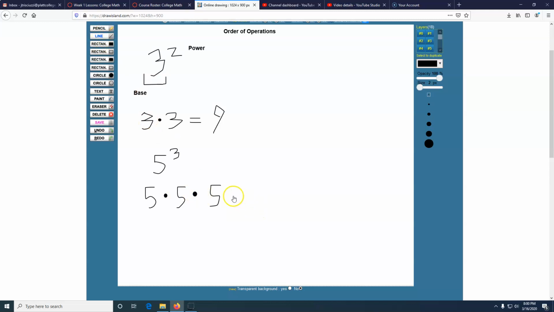So for the most part, you're going to see it limited to smaller powers and smaller numbers. But in this case, 5 times 5 is 25, times one more 5 gives us 125. So keep that in mind. Exponents are a way to do repetitive multiplication, something that you repeat several times.